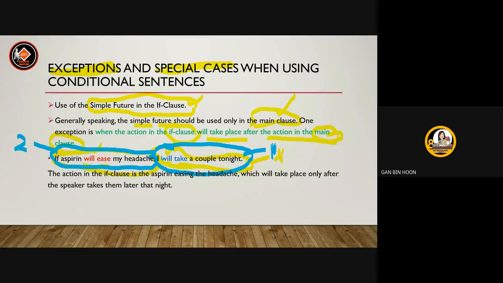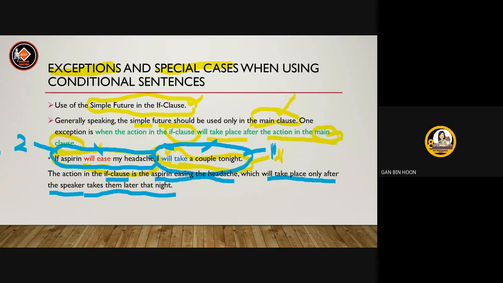Dua-dua mesti berlaku. The action in the if clause is the aspirin easing the headache, which will take place only after the speaker takes them later that night. Bermaksud dia mesti makan pil ini dulu baru pening dia hilang.